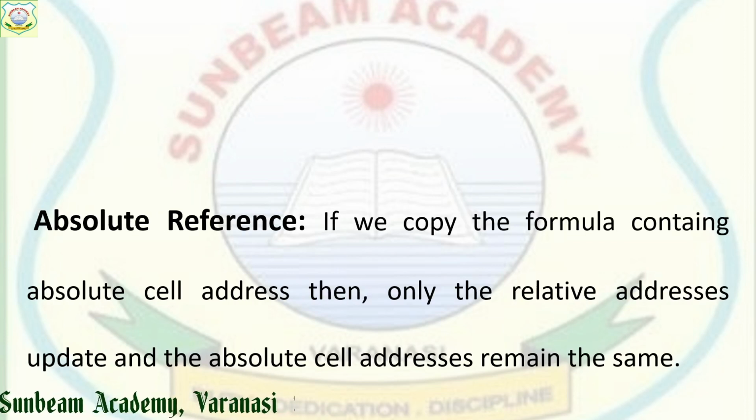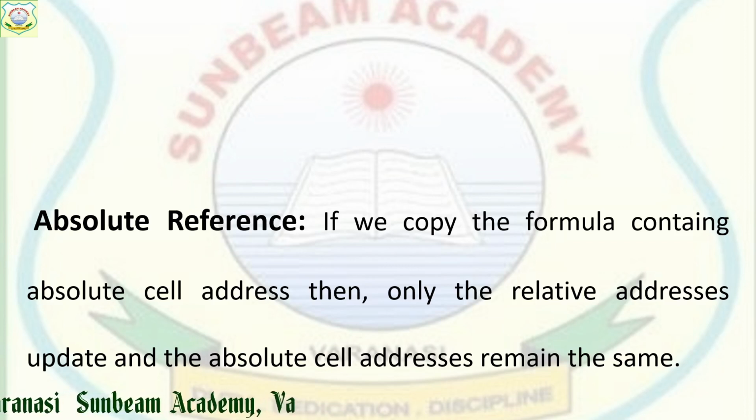Next is absolute reference. In this case, if we copy the formula where an absolute cell address has been taken, it may contain both relative and absolute parts. The relative cell address will be updated, but the absolute cell address remains the same.